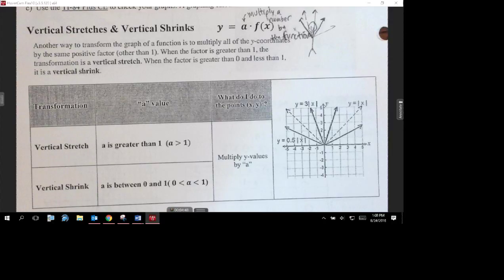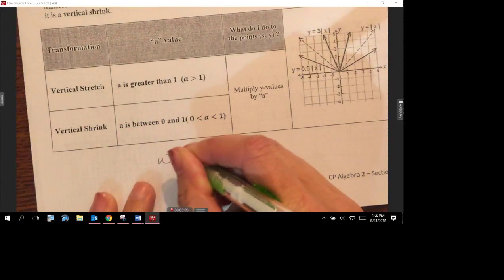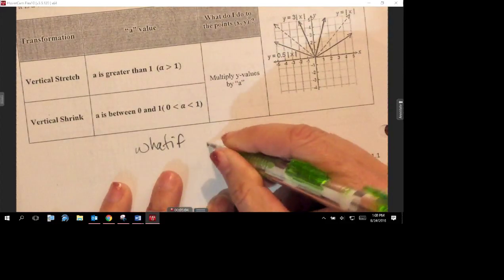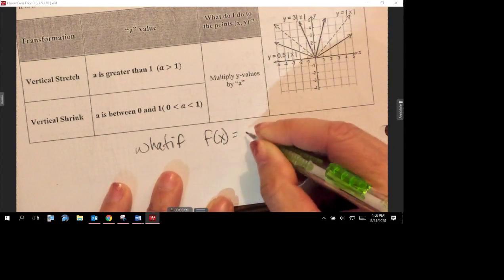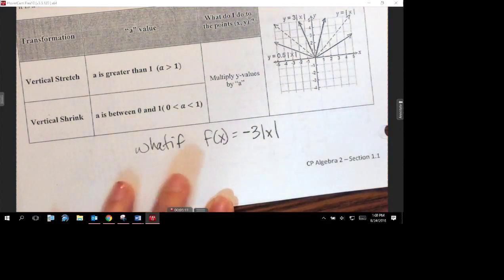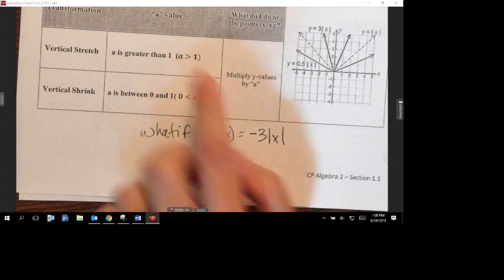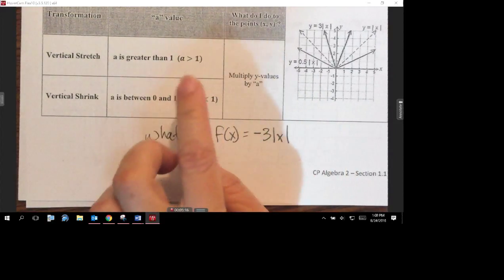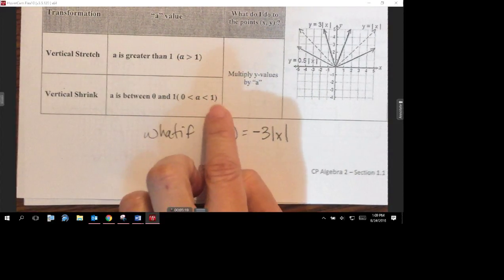If that number is in between 0 and 1, it will shrink. So your only options for stretches or shrinks are a number bigger than 1 or between 0 and 1.